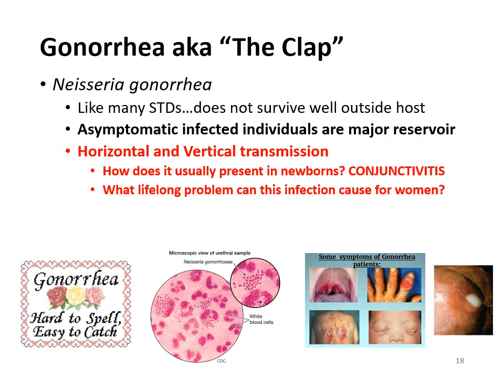If a woman has gonorrhea, first of all, if she is pregnant and through the birthing process the baby gets exposed to this infection, the baby can be born with conjunctivitis. How does this usually present in newborns? Conjunctivitis, which is the fancy way of saying eye infections.